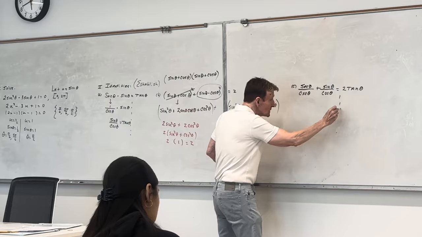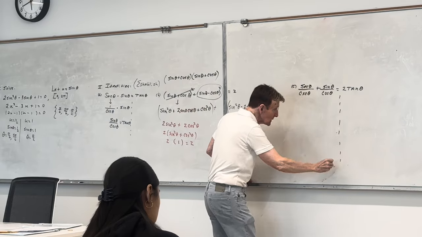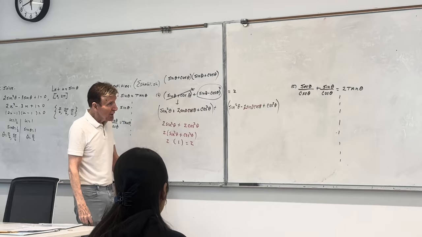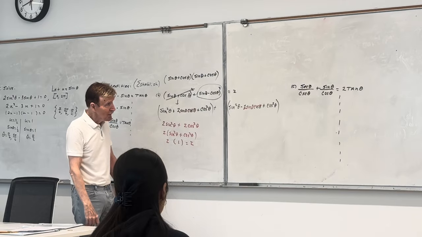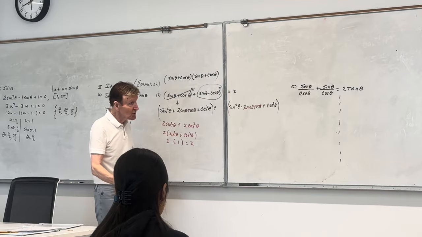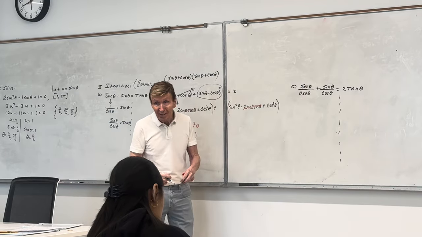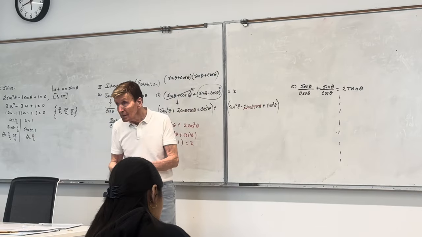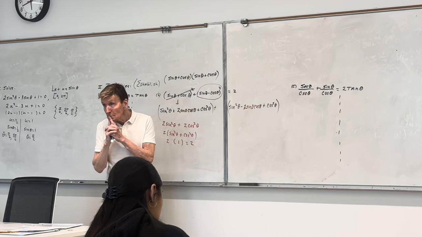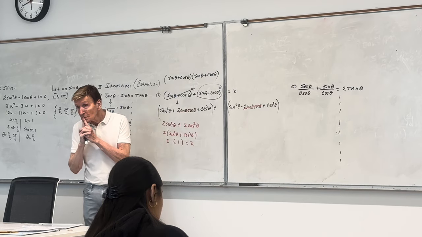Here goes, guys. Got to stick with one side, best we can. On the left-hand side, I'm going to work on the left. What would you suggest to me to work on the left? What type of work can you do over there? Common denominators?